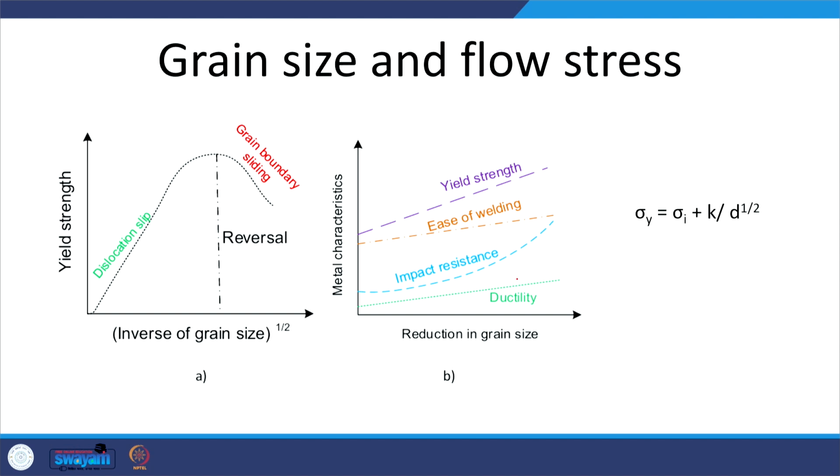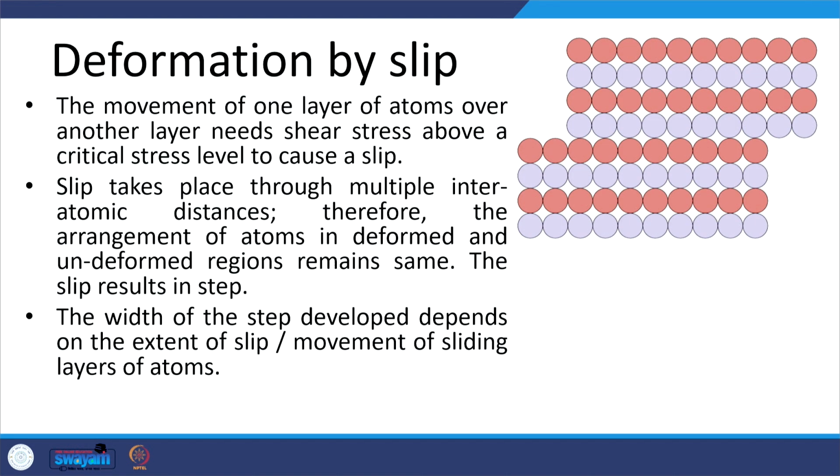The reduction in grain size in general increases the yield strength and increases the resistance to deformation, which will require greater stresses to cause plastic deformation, but at the same time it will facilitate the deformation by improving the ductility.